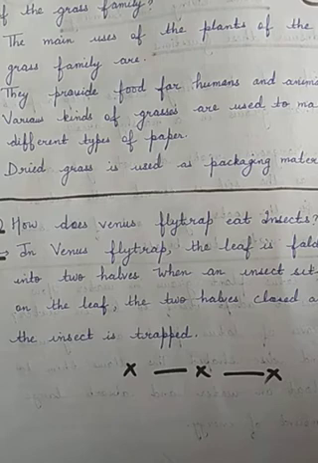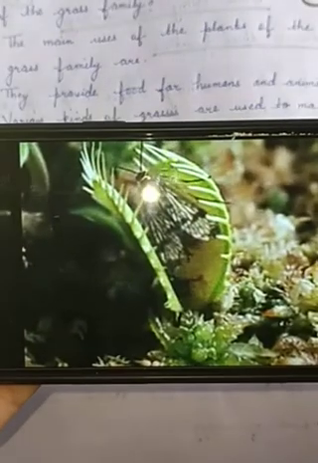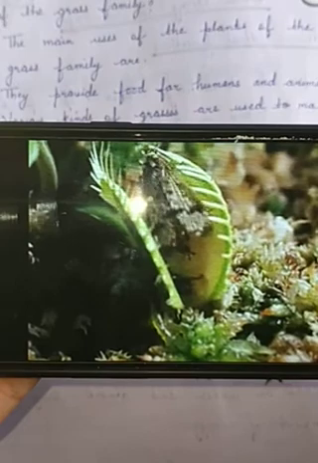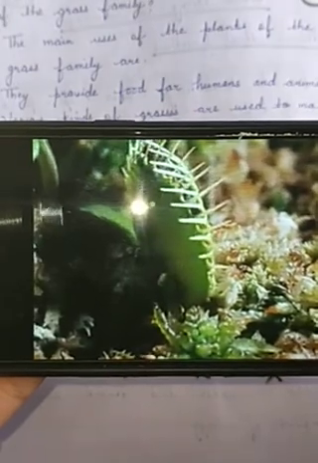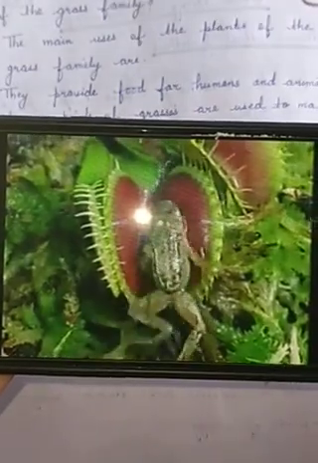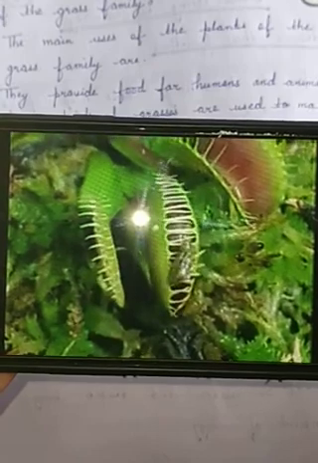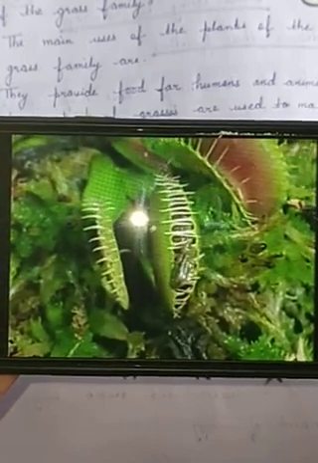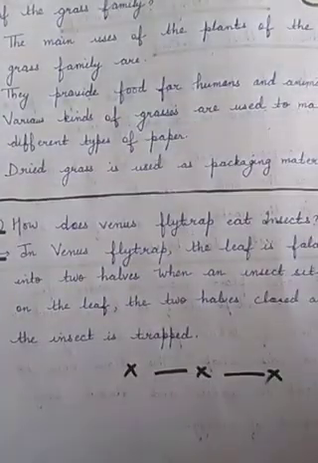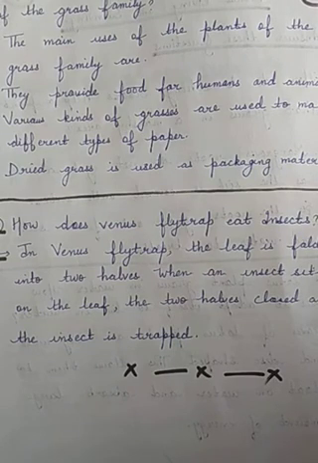This is the video which I am showing now. In this way you can easily understand the concept. See how the insect comes near the Venus flytrap and is trapped. Now this small frog is coming inside and is trapped. In this way the Venus flytrap eats the insect.